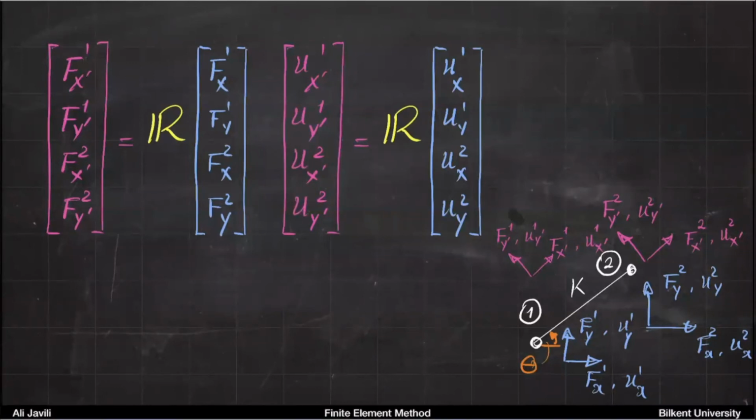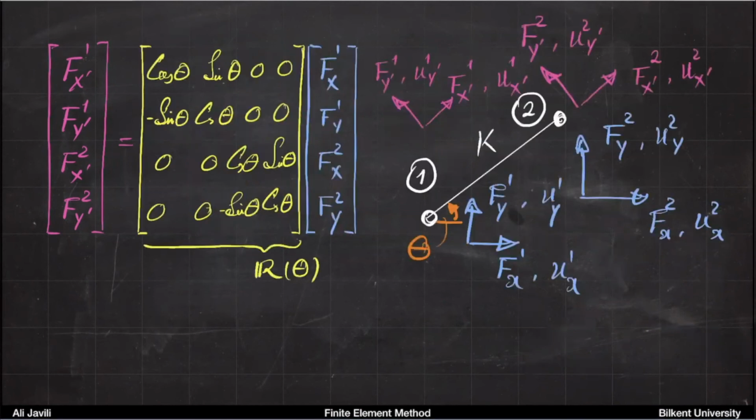So you have, let's say, your system on the left, you have your system on the right. And then this R matrix, or this rotation matrix, has this interesting property, if you pay attention to it, that it's inverse.